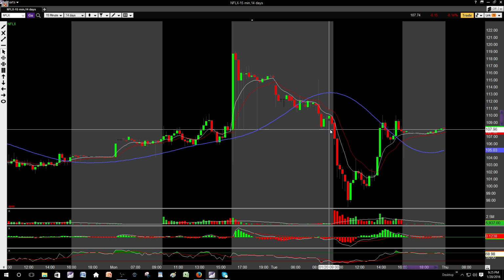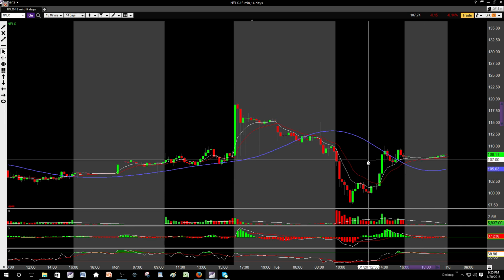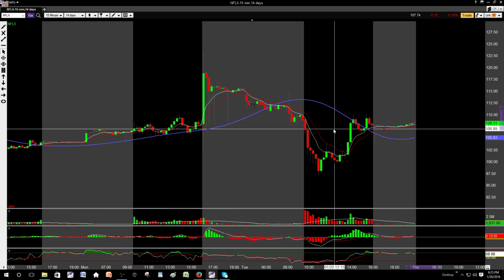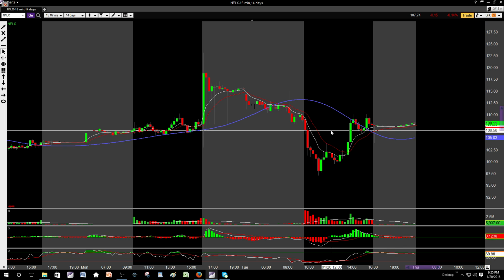They have different compositions, so they move differently than a regular stock does, and they really don't follow all the characteristics of a gap up or gap down. They don't even follow rules of candlesticks. They kind of do their own thing sometimes.